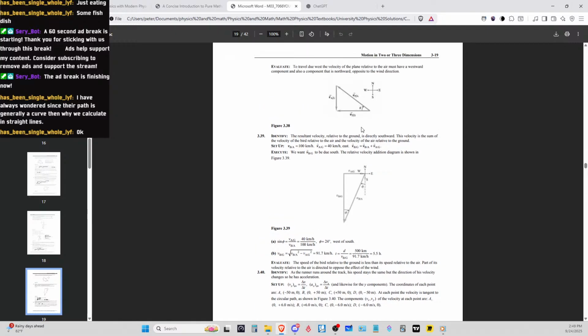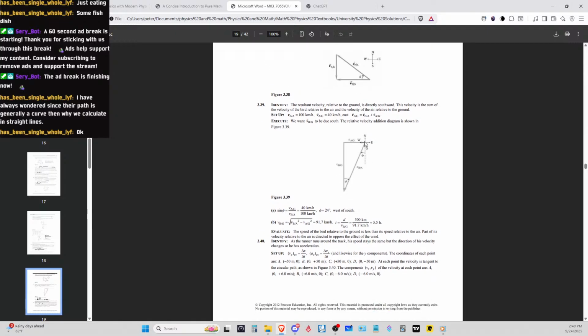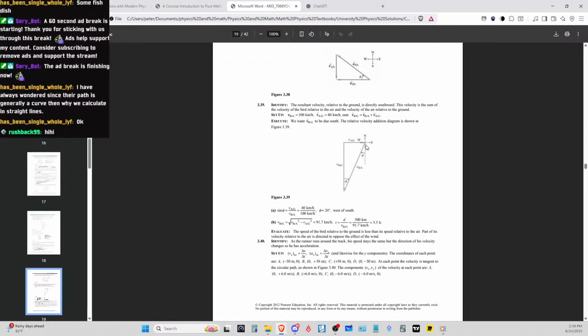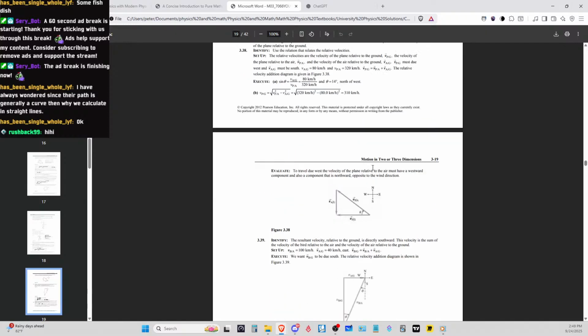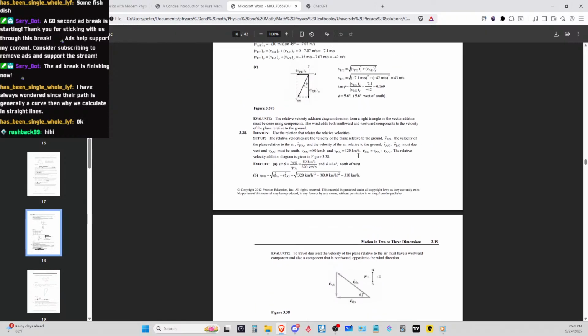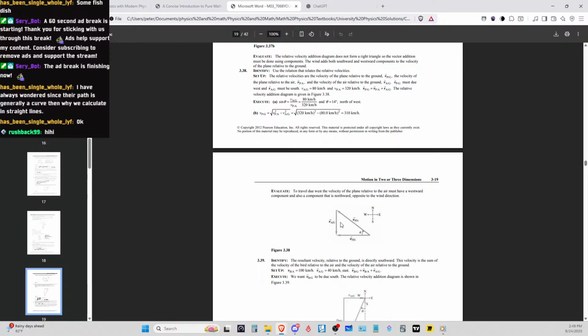Maybe I have to draw head to tail more often, because I noticed that's what I've been doing with relative velocity. They use 24. How do they use the hypotenuse? Because we got this one right. Maybe it's the way they draw the hypotenuse.